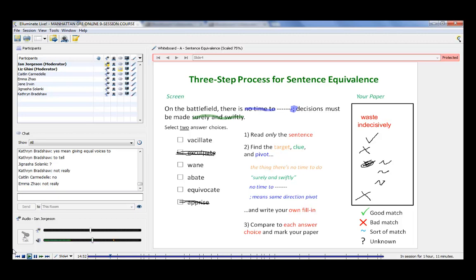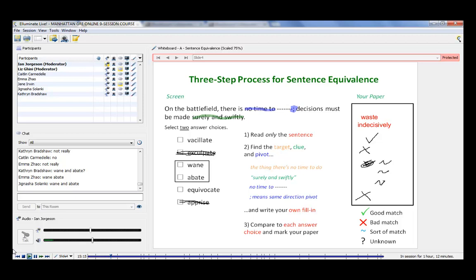Now, out of the remaining words, do you see another pair of words that you know are synonyms? Okay, wane and abate are a pair of synonyms. That means they might be the correct answer. I'm not saying they are.